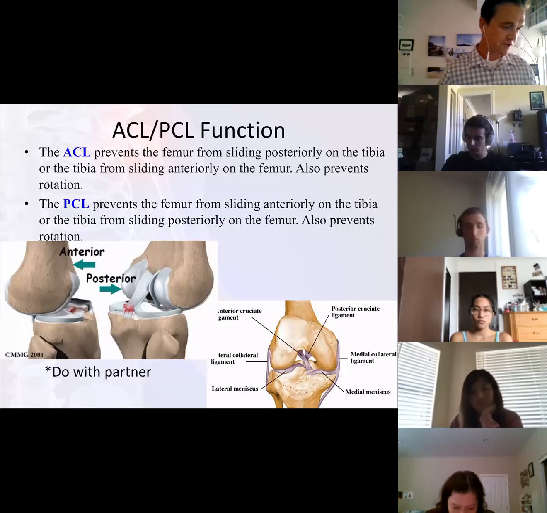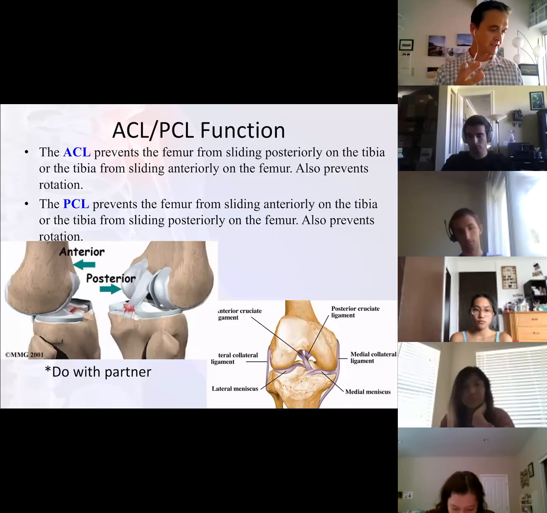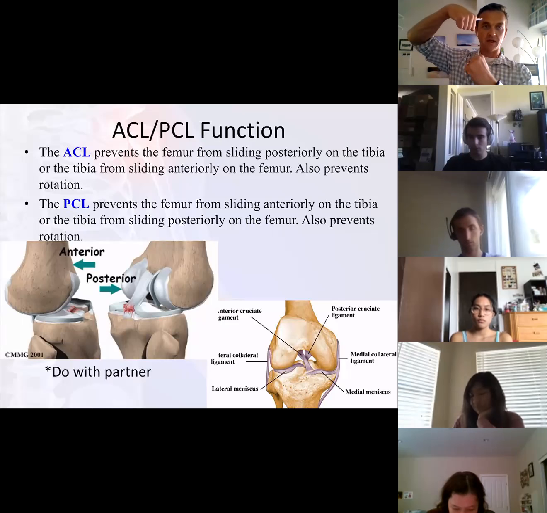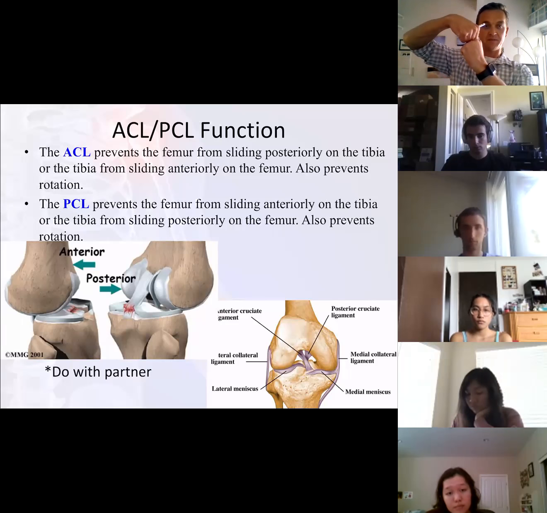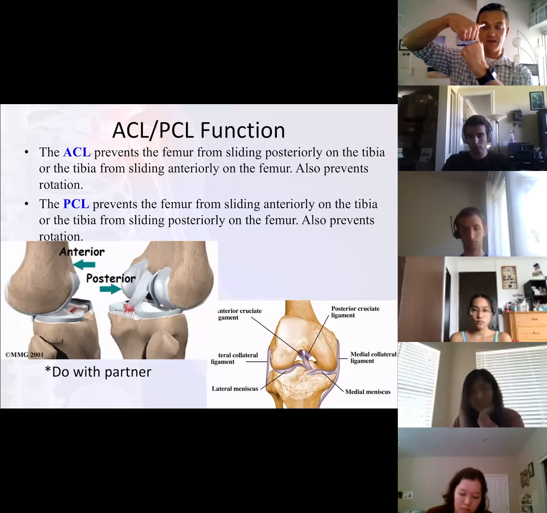Okay, so the function of the ACL and the PCL, and there's a little bit of relativity to this, okay? When we think about the femur on top moving on the tibia, if we think about the femur moving one way and the tibia being stable, it's going to be the opposite of the femur being stable and the tibia moving the other way, right? So think about it this way.